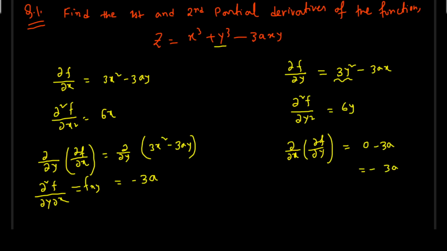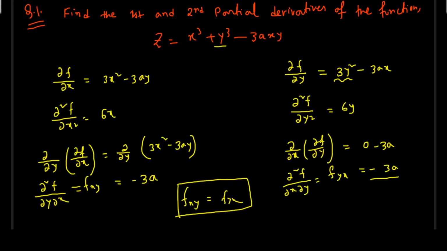So you can see that del 2f del x del y, which is nothing but fyx, is also minus 3a. So you can easily see that fxy is equal to fyx, and all the possible partial derivatives have been taken here. This is how you can solve problems based on partial derivatives. The problems are so easy.